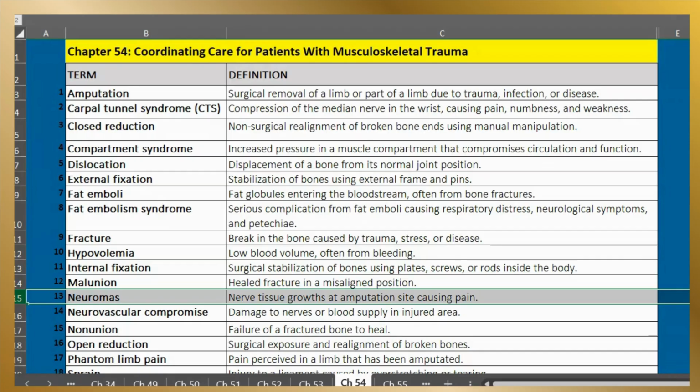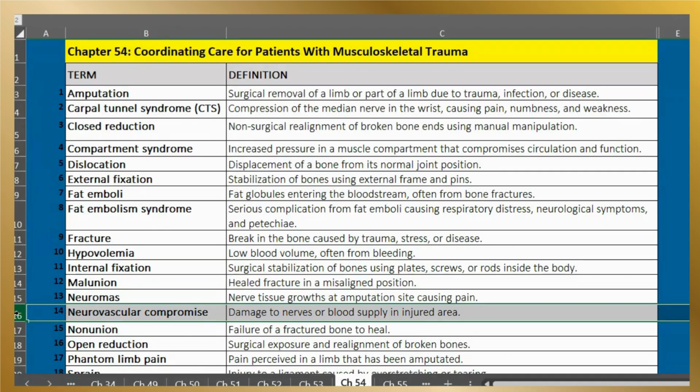Neuroma: nerve tissue that grows at an amputation site, causing pain. So it's a nerve tumor after amputation. Neuro is nerve, and oma is a mass.